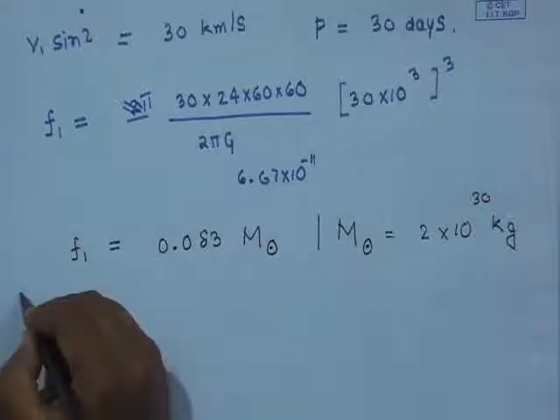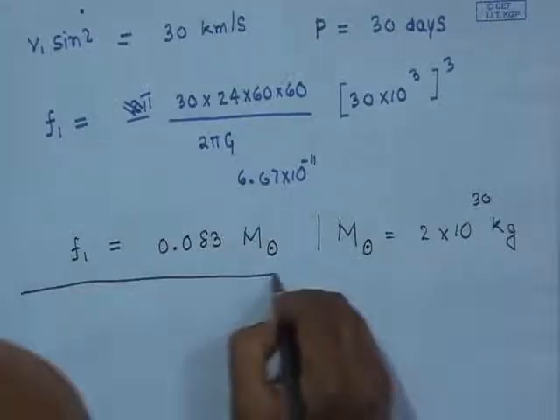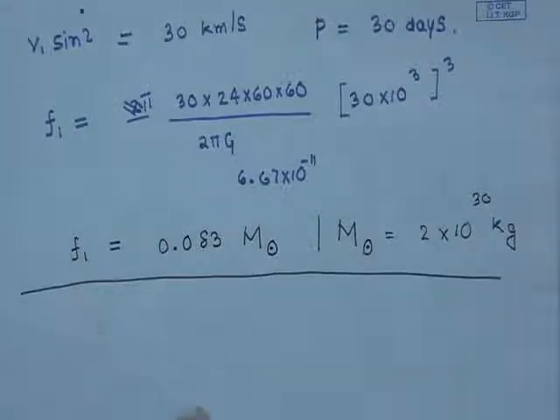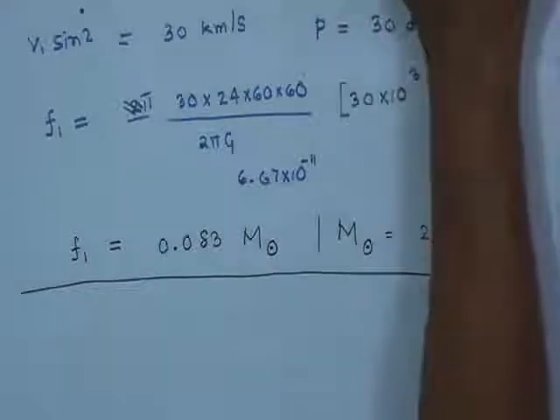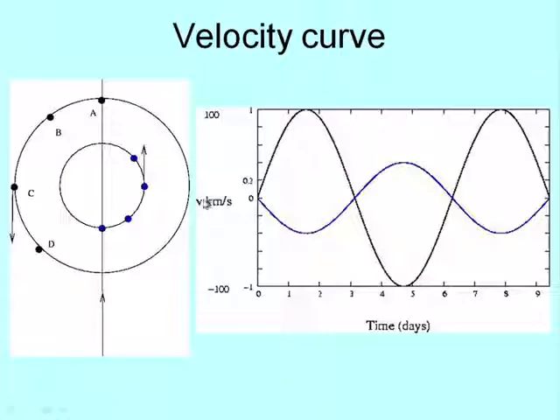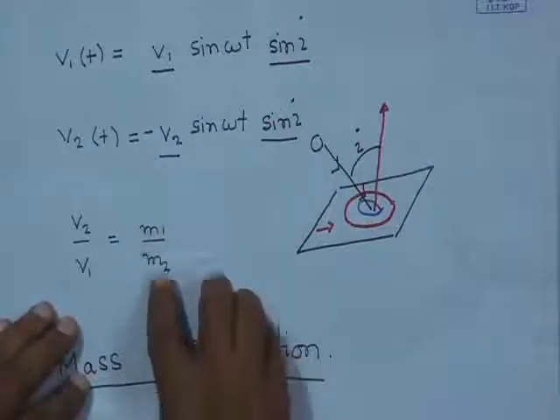Okay. Now, let us see how you can use this to infer the masses. Let me just shortcut the entire discussion. It is equivalent to what we have been talking about. We have seen that the ratio of the peak velocities is inversely proportional to the masses.